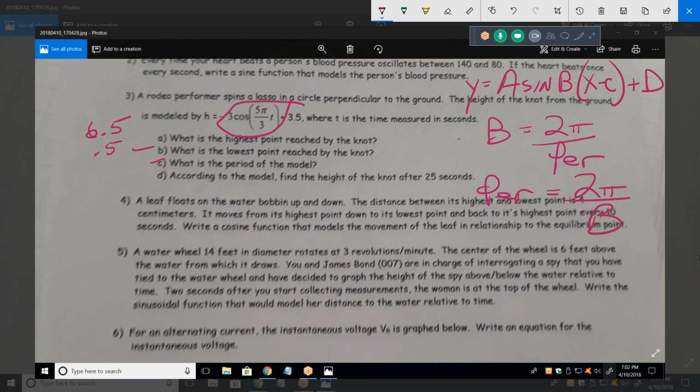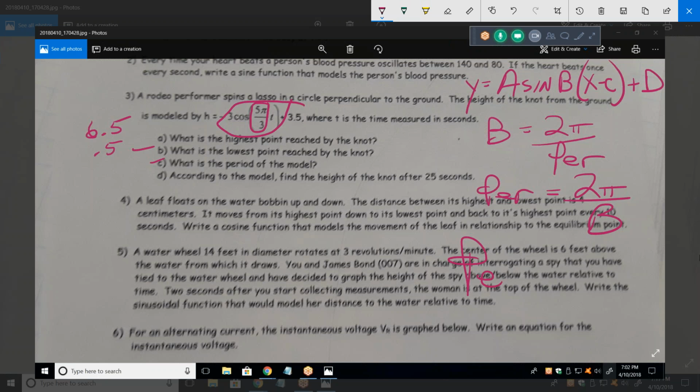What's a? 3. What's b? Don't see pi and think it's a variable. Pi is not a variable. Pi is a number. So when you have 5 pi over 3, you have a number. That's b.